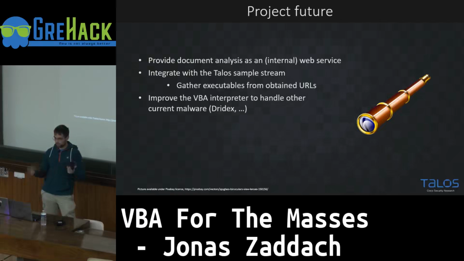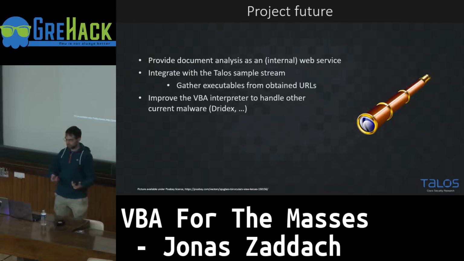So we have a couple of thousand documents per day for Emotet alone that arrive. And I would like to plug those documents inside the emulator and get the results from it, so that we can directly take then the URLs extracted from these documents and get the binaries, mark them as Emotet, and carry the good detection that we have through the system.